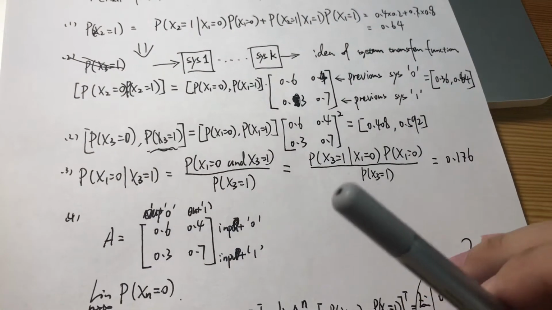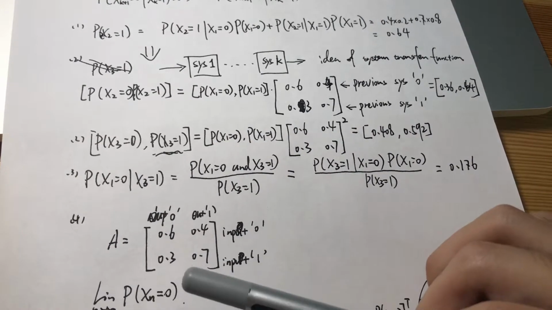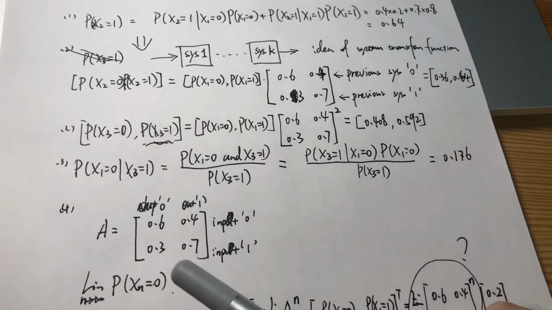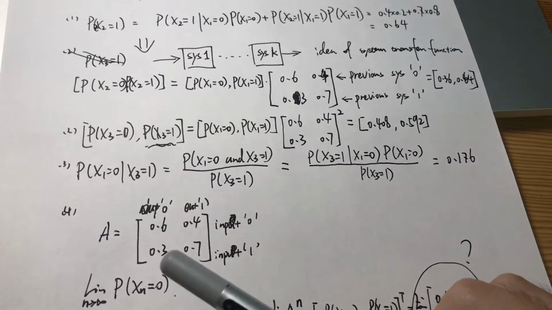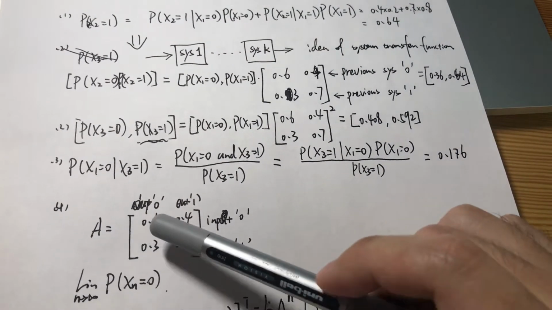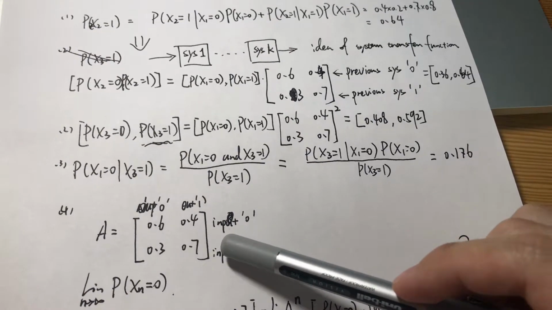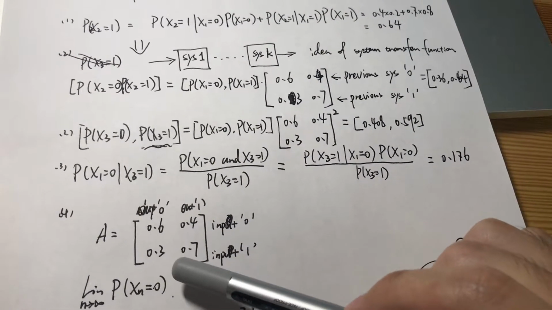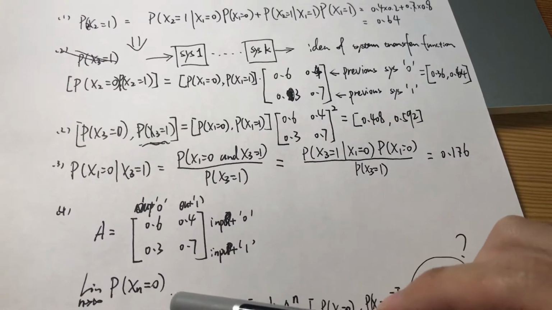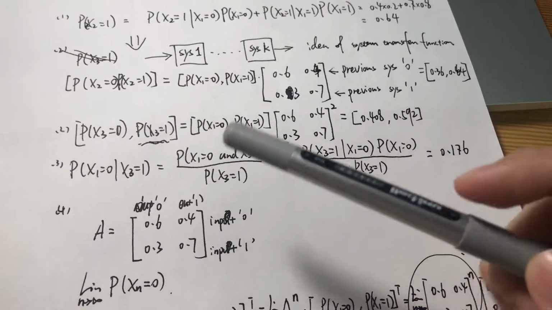We can talk about the last question and this question together. I use capital A to denote the system. Note that in this row the input signal is 0, in this row the input signal is 1, this column means the output signal is 0, and this column means the output signal is 1.